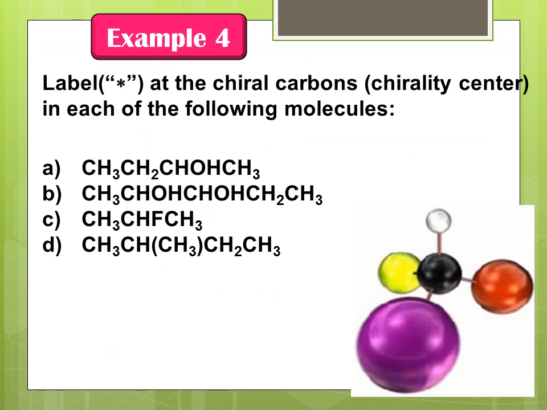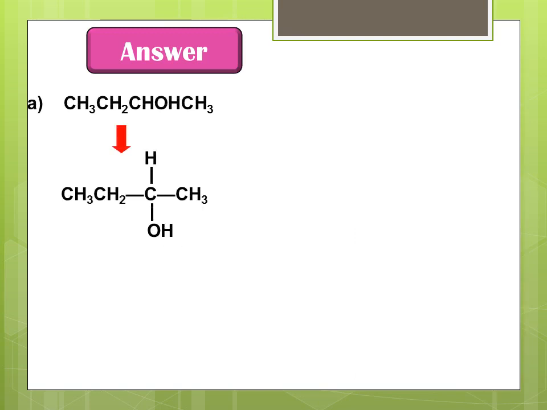Label an asterisk at the chiral carbon in each of the following molecules. Answer: A. The molecule has one chiral carbon atom.